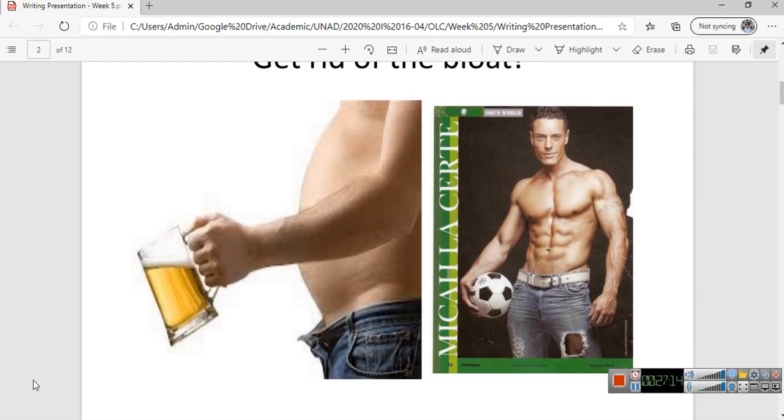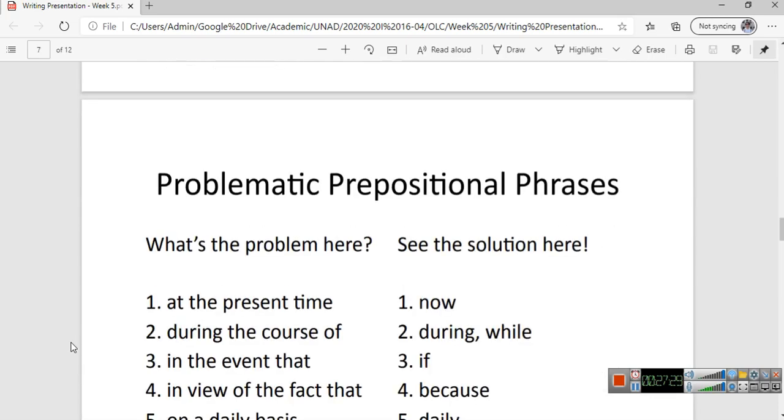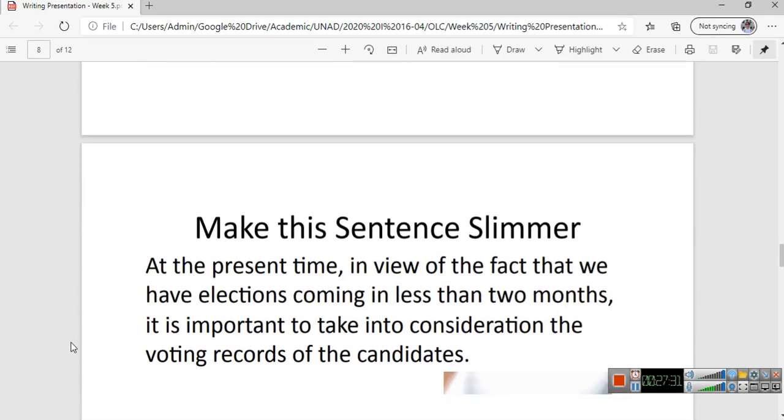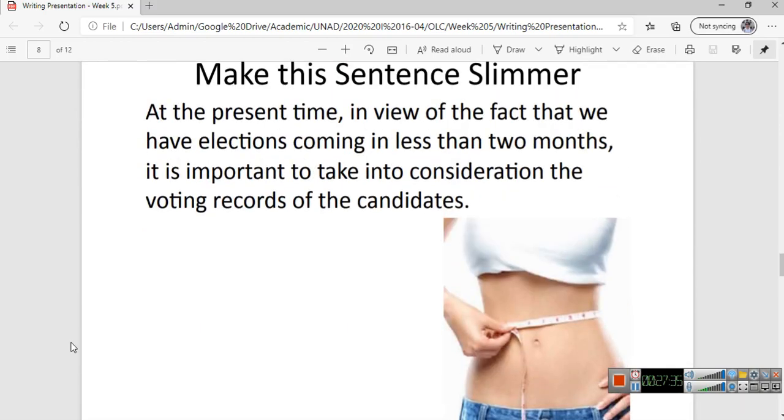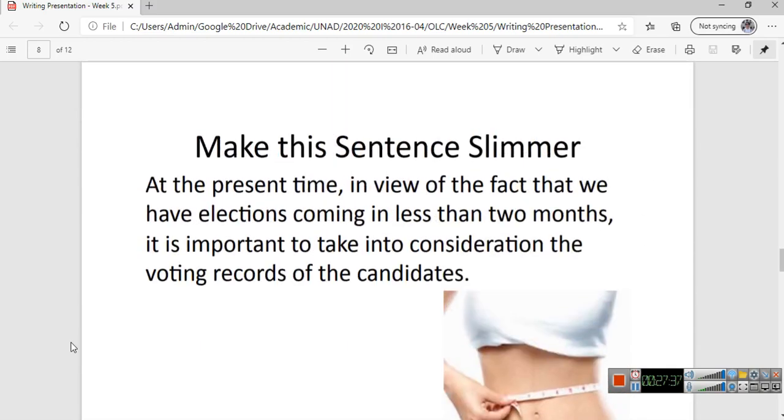So I'm guessing that at this point, you can better relate which sentences and which paragraphs are bloated, full of gas, and which ones are slim. So we're going to talk more about slimming the sentences. For this, I want you, girls, to take a look at this exercise, and I want you to make it slimmer, however you can.